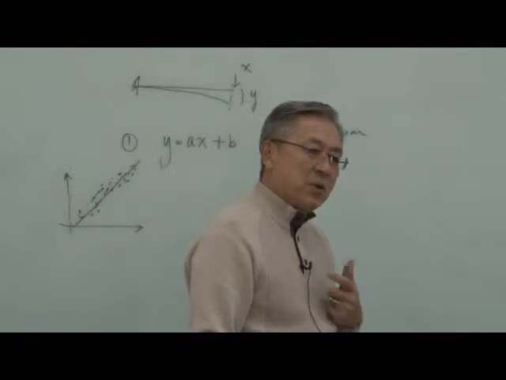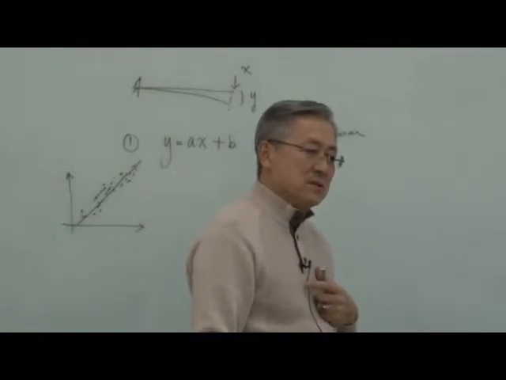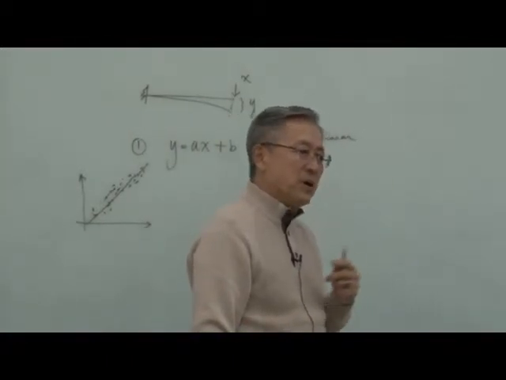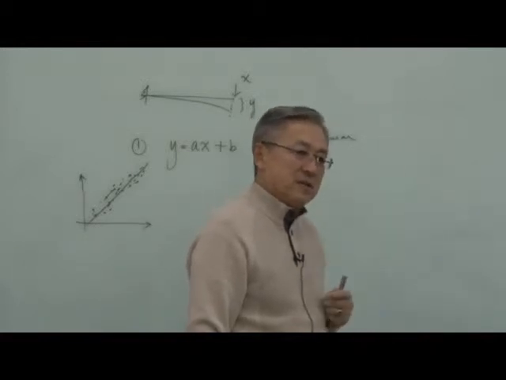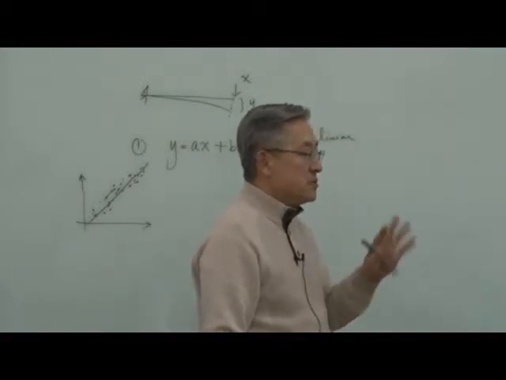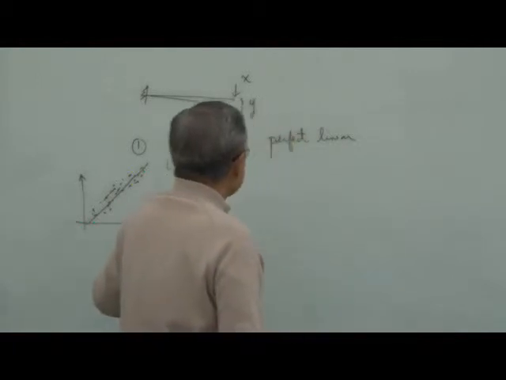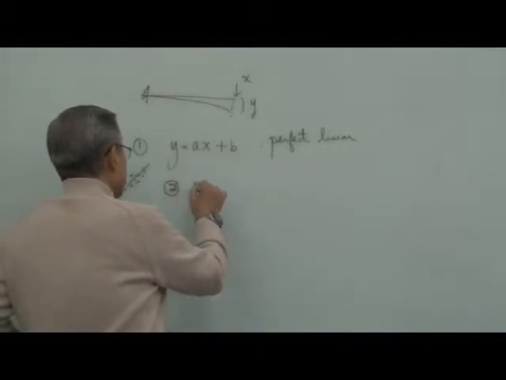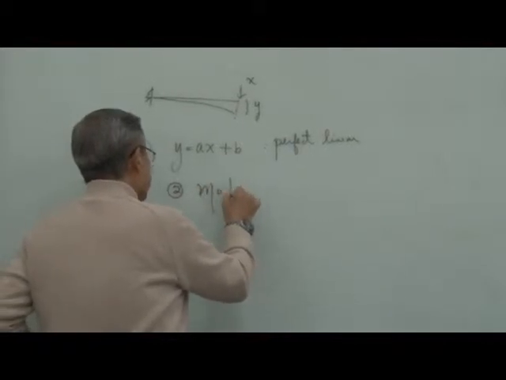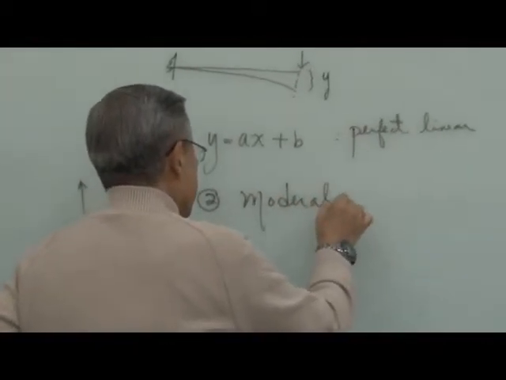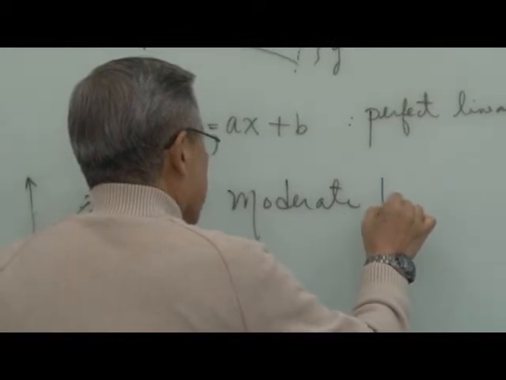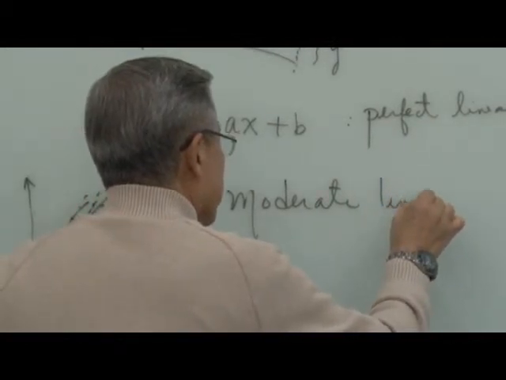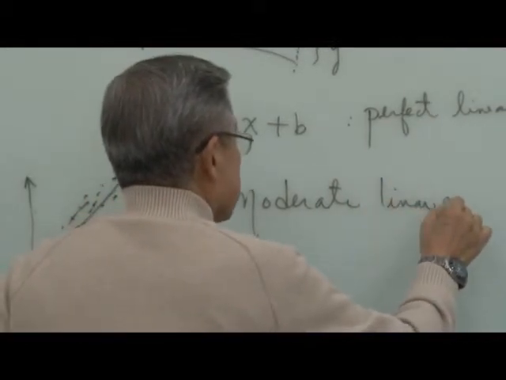Then you can approximate the overall measurement as a linear relation, but which has spread. So this is called something like a moderate linear relation.